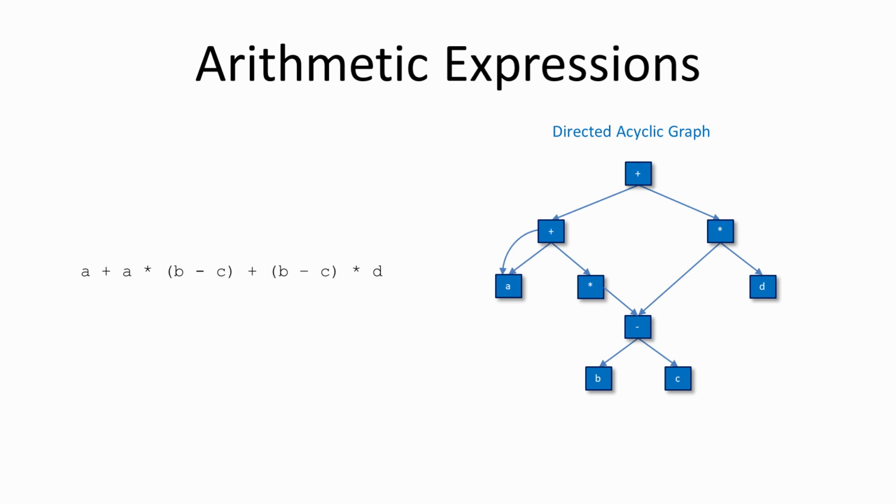Also, common sub-expressions need only be represented once, like b minus c in this example. Directed acyclic graphs not only represent expressions more succinctly, but they also give the compiler important clues about how to generate efficient low-level code.